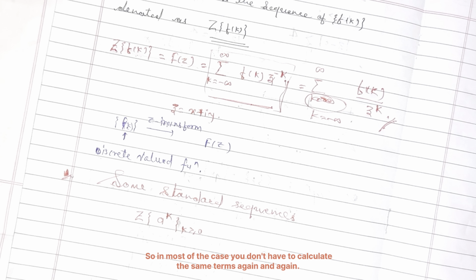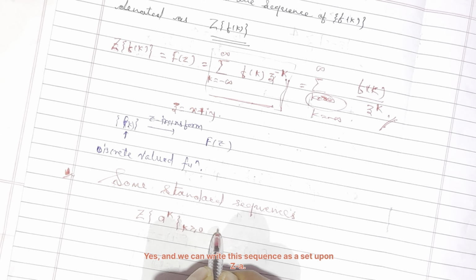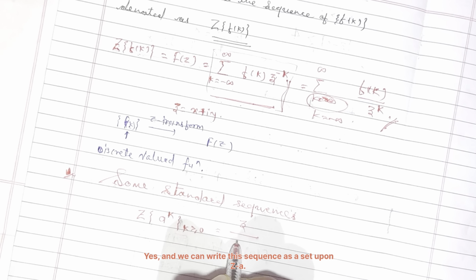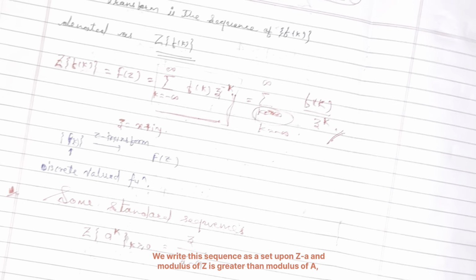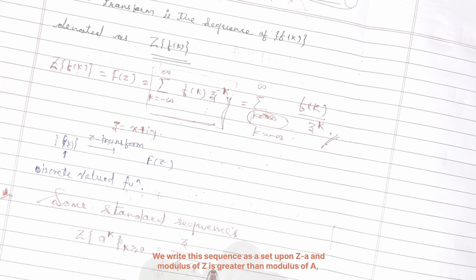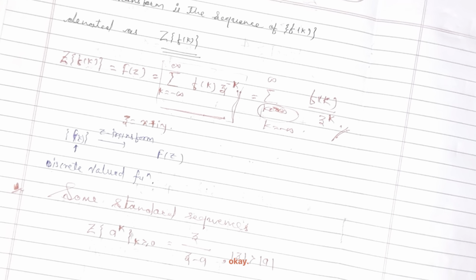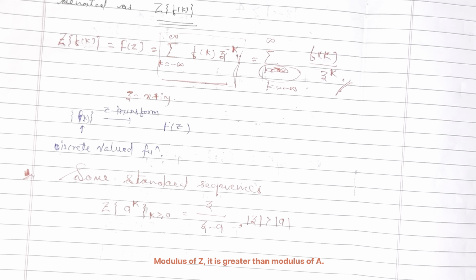In most cases you don't have to calculate the same terms again and again, as it is time consuming in your question paper, so we use this result for finding Z transforms. We write this as z upon z minus a, with modulus of z greater than modulus of a. This is a standard sequence.